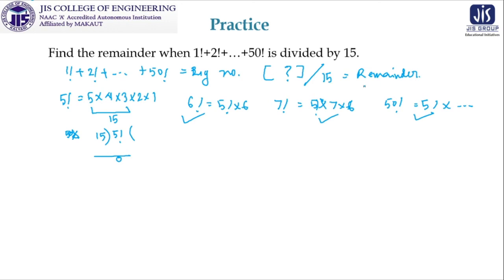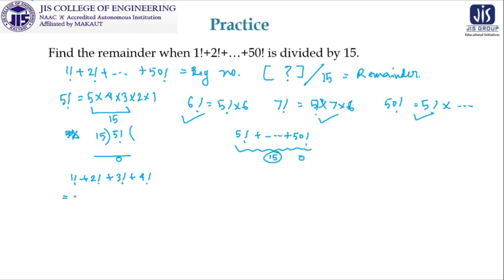Look at this, if you think in a different manner, you get that from 5 factorial plus dot dot dot plus 50 factorial, as all numbers are divisible by 15, their summation will also be divisible by 15, so the remainder is 0. So the remainder will come from the calculation of 1 factorial plus 2 factorial plus 3 factorial plus 4 factorial, just simply this.